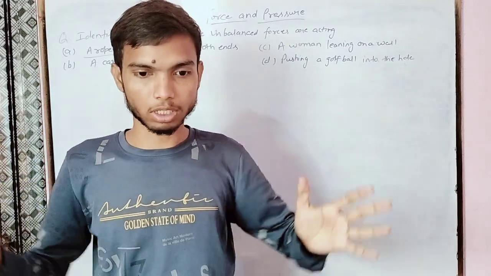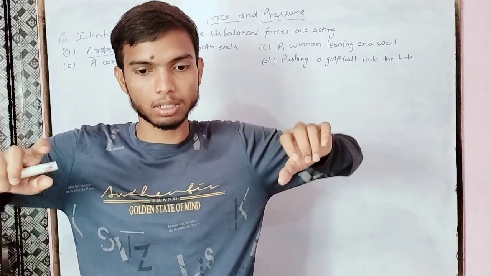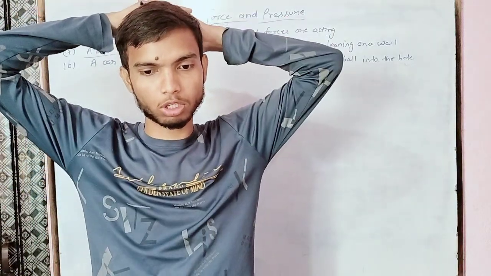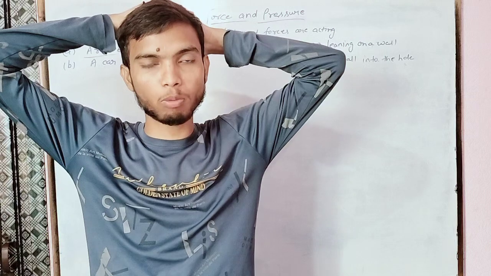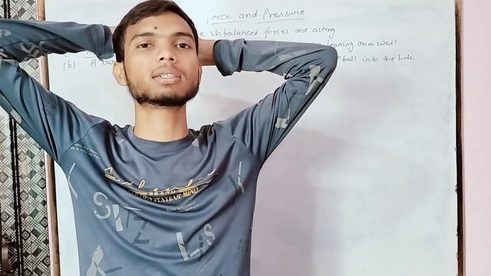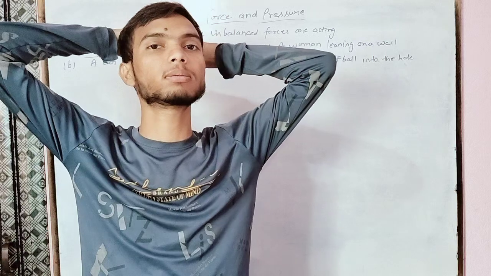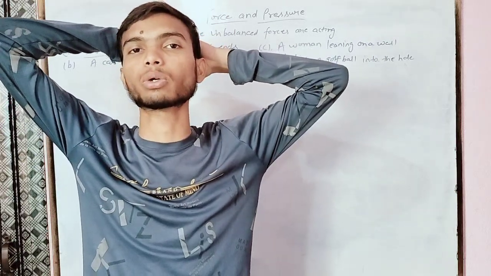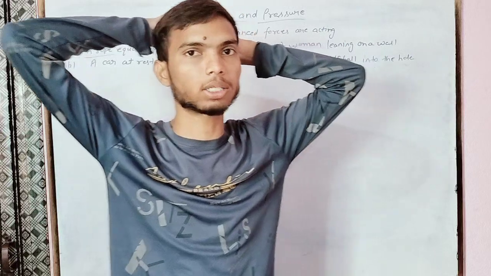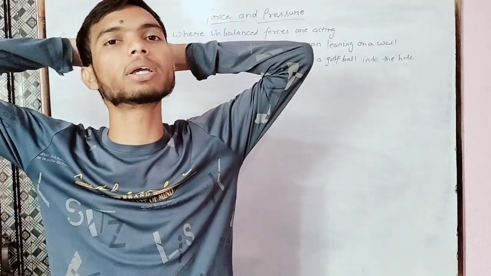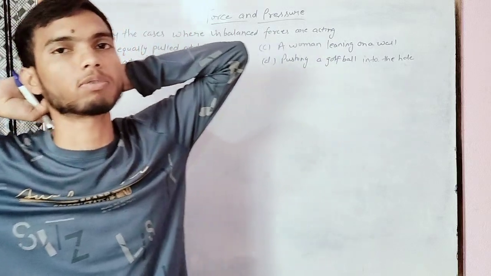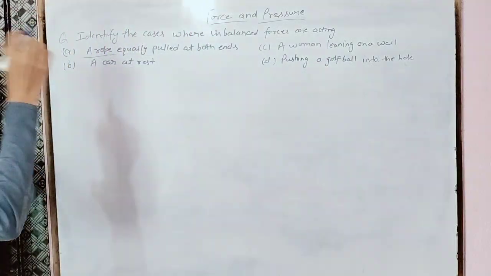So the rope is being pulled by 15 newtons on both sides. So it is equal, it is a balanced force.